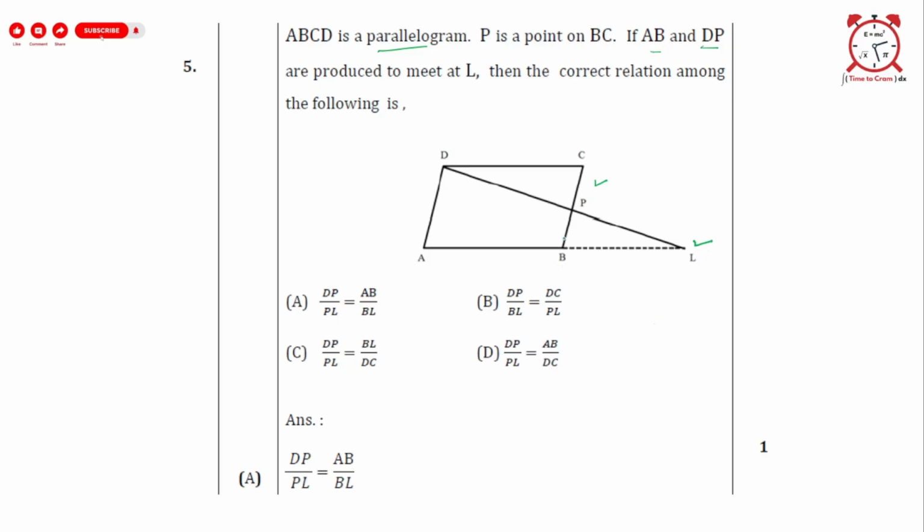So students, we know that these are parallel lines by parallelogram. So using the Thales theorem or BPT theorem, it is very clear that these triangles are similar. And if we use the BPT theorem, then we have the proportion DP upon PL equal to AB upon BL. So that is why the answer is A.